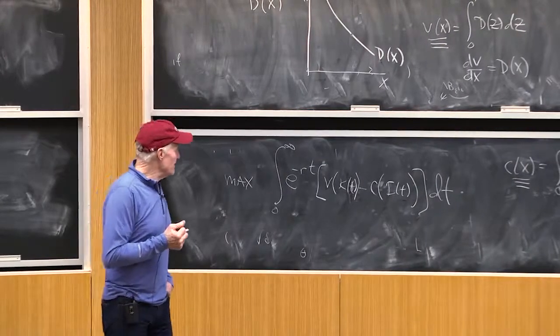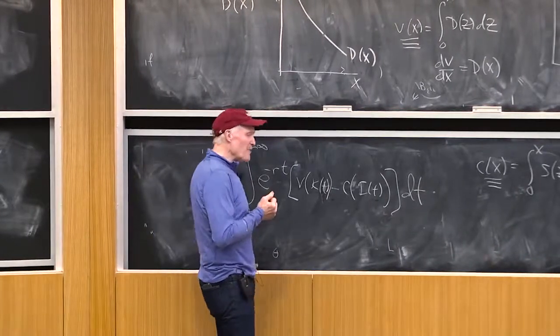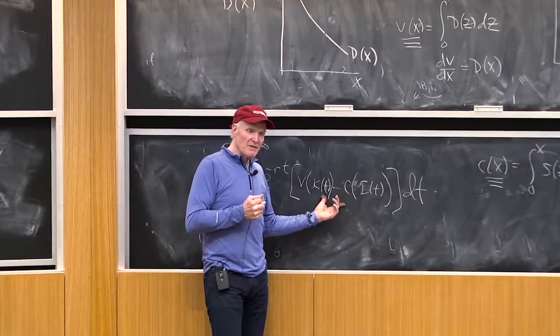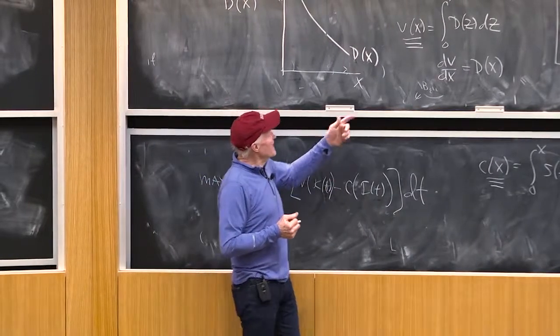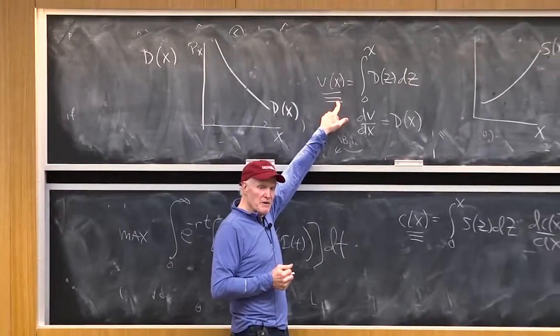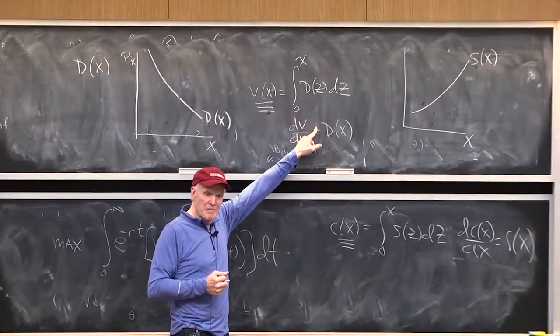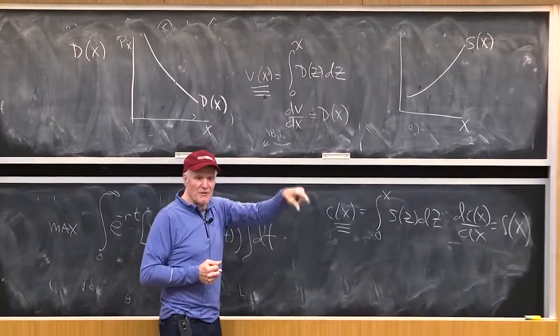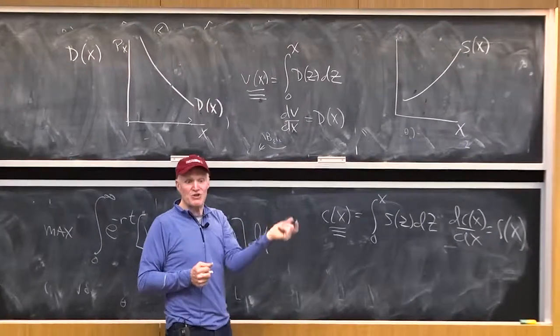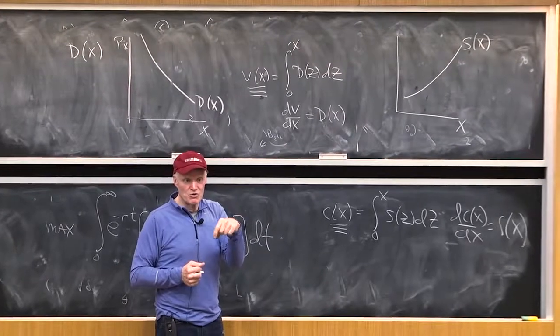Well, no, not quite. This won't correspond to the true surplus, right? In other words, what you might be saying is this V function I'm using isn't really the social value. But as long as it's the integral of the demand curve, it will generate the competitive equilibrium. It won't be maximizing the true social surplus, right?